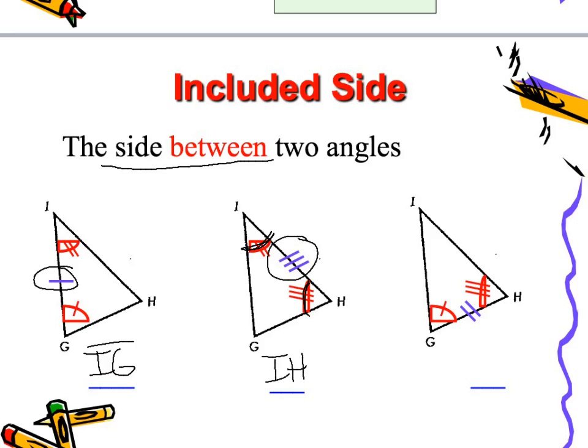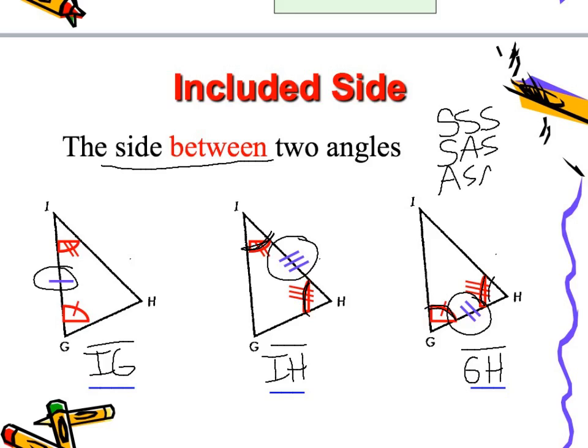IH. That would be your included side. And in the last one, our two angles are G and H, so our side would be GH. That would be the included side. Just to recap, we have SSS so far, we have SAS, and we have ASA.